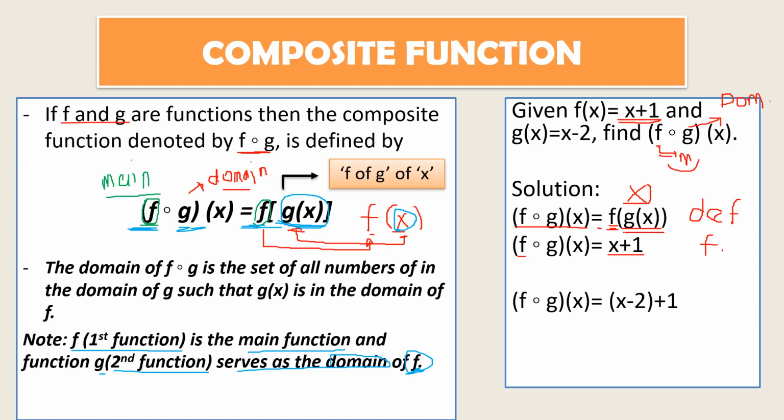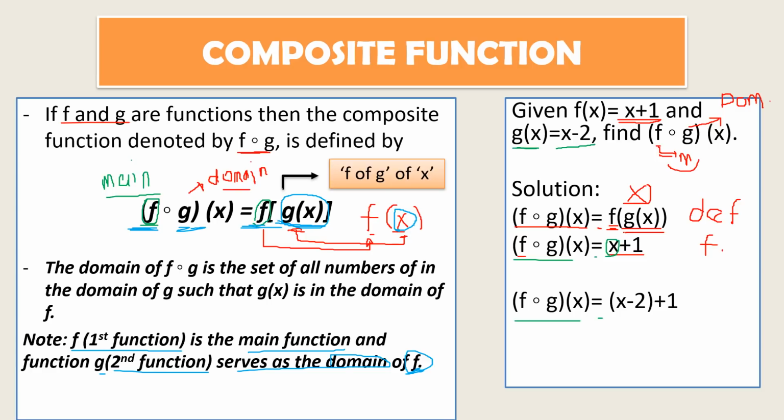Kaya nga, as you can see sa ating next solution, kinopy-paste ko lang itong mismong definition, tapos equal sign, tapos ito yung papalitan natin. Ano kasing ipapalit natin sa x na to? The value of the second function. Kasi g of x is the domain. Okay?